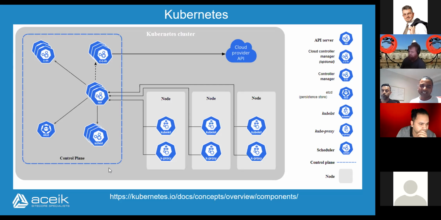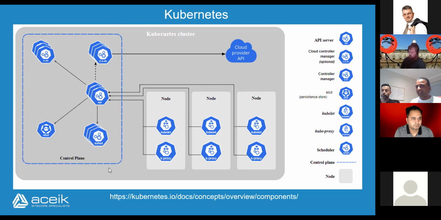It uses etcd, which is a database for Kubernetes. It's a key value store basically. It stores all the secrets, or all the YAML files or configuration files for your deployments. They're all stored in etcd.